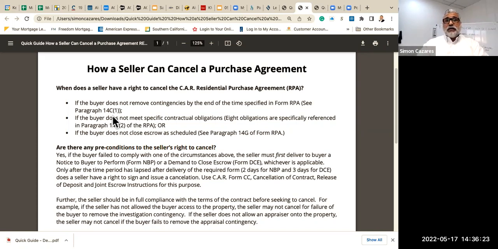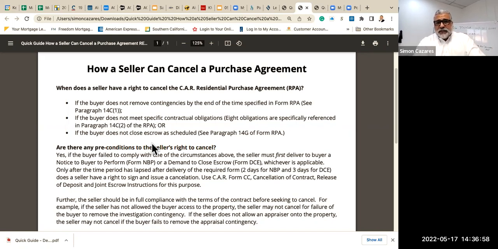It's no different than a buyer with a COP, the contingency of selling their property in order to qualify to purchase their upleg. So both buyer and seller have these forms to ultimately exercise that right. But we're not going to be strung along in the process if the seller cannot identify a home or is having a hard time trying to close the deal. The buyer then has the right to exercise their position to back out. And here are some of the elements you must do in order to do it correctly.